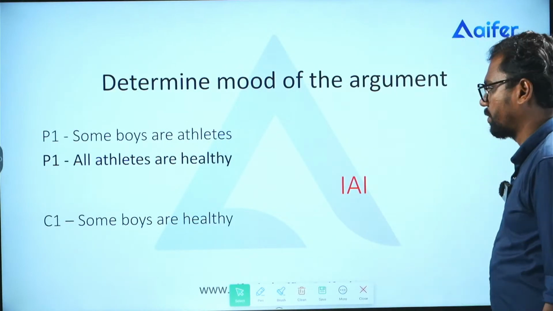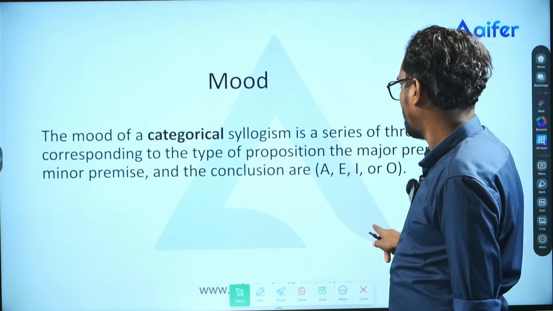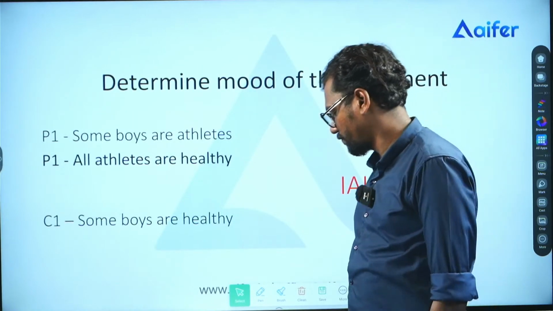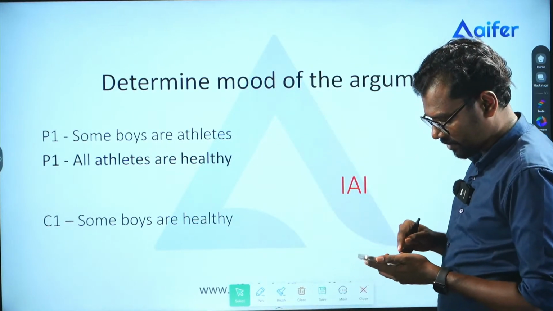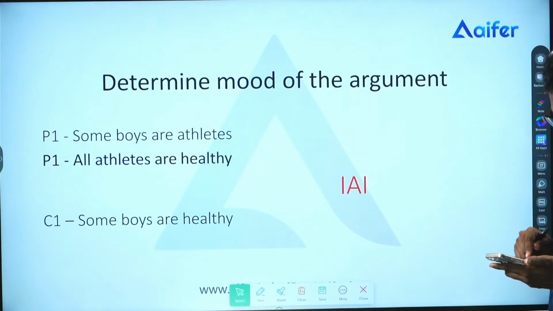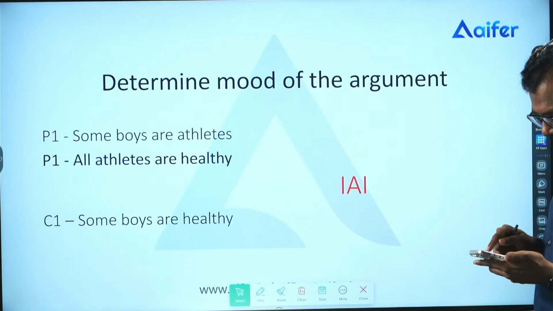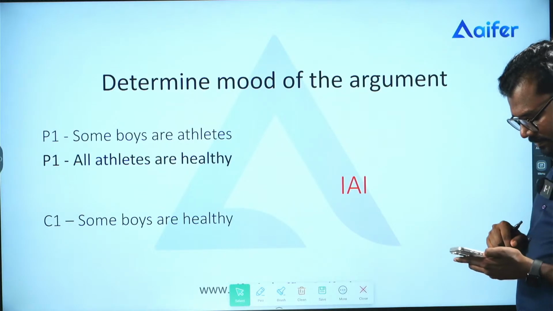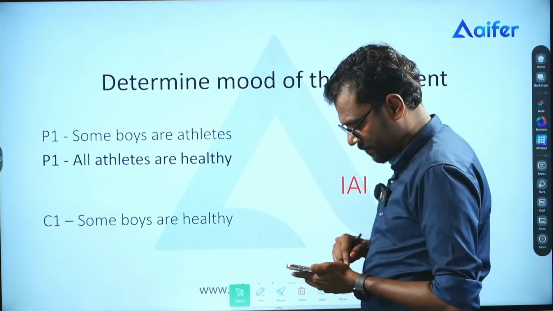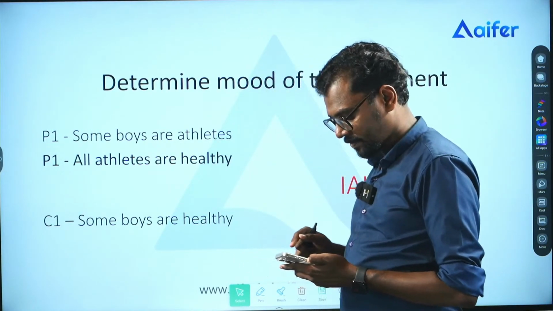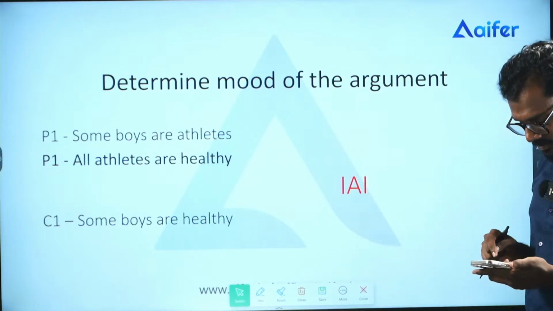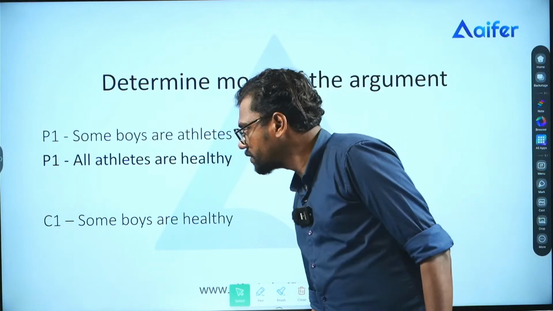Determine the mood of the argument. This is a question. Being the first question, I have given the answer here. So it's an easy one.